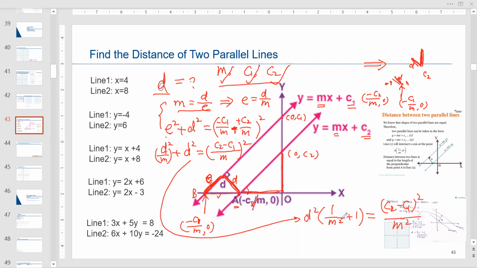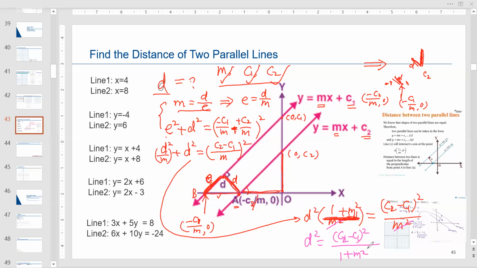All right, we do this part, we also do changing. 1 became M square. All right, so M square actually is crossed out, right? Because both denominators have the same M square. So you can see D square equals C2 minus C1 square divided by 1 plus M square, right?